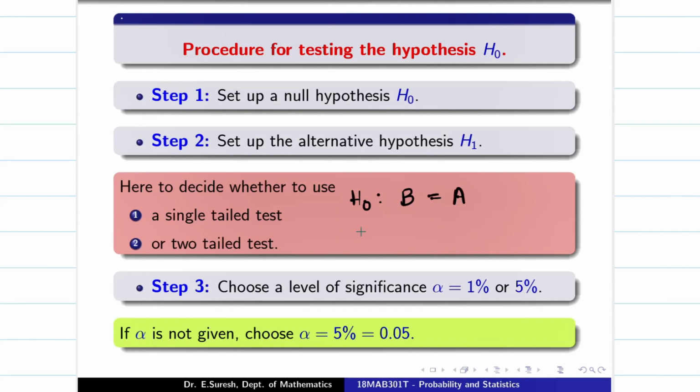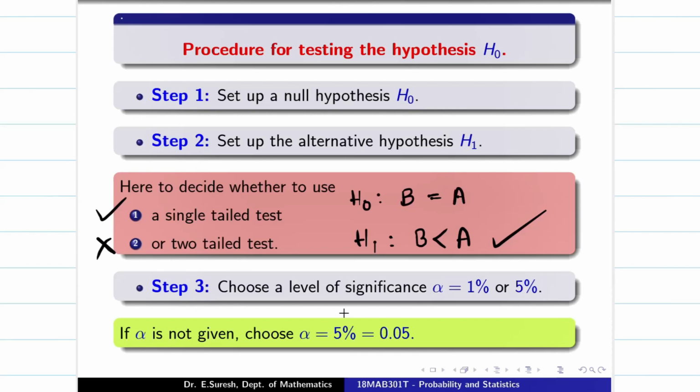But for the alternate hypothesis, after repairing the machine, the performance should be improved. Otherwise, why would you go for repairing or re-oiling it? Can you get the point? After repairing, it should perform well, it is obvious. So in this situation, I cannot use a two-tailed test. It is going to be a single-tailed test.